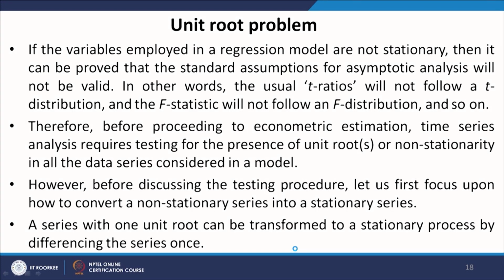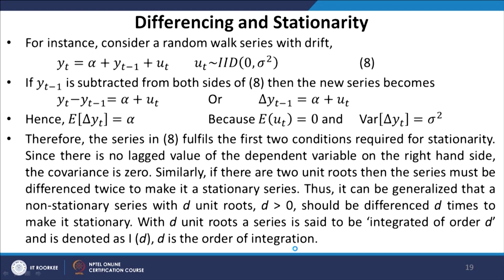However, before discussing the testing procedure, let us first focus upon how to convert a non-stationary series into a stationary series. A series with one unit root can be transformed to a stationary process by differencing the series once. So, for instance, we consider a random walk series with drift. This is a random walk series with drift.